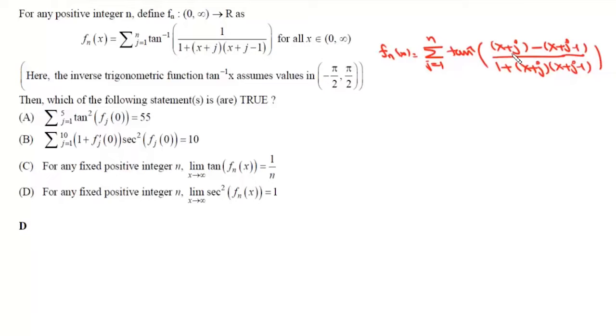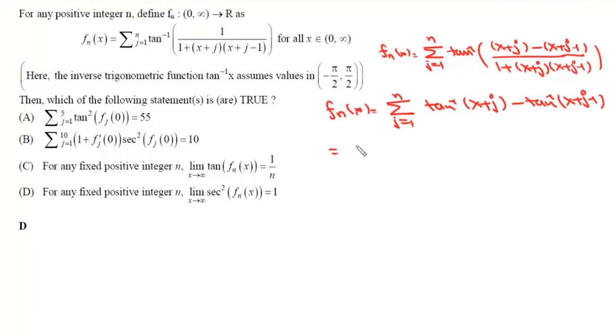Now this is tan inverse of (x - y) upon (1 + xy), which is tan inverse x minus tan inverse y. So we'll write this f(x) as the summation, j varies from 1 to n, tan inverse (x + j) minus tan inverse (x + j - 1).